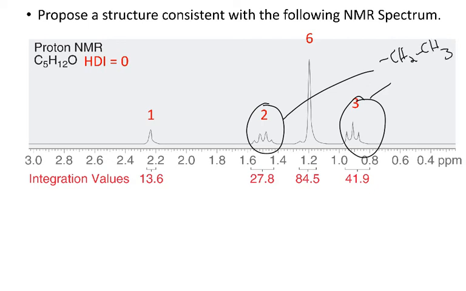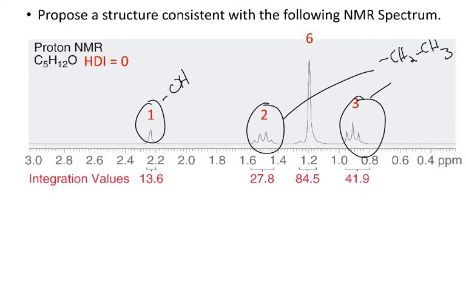And then with a hydrogen deficiency index of 0, I've probably either got an OH or an ether. And this peak down here looks suspiciously like an OH. It's at about the right ppm, and there's one hydrogen. So I'm pretty sure this is my OH. And so I have 3 carbons and 6 hydrogens that are unaccounted for so far.